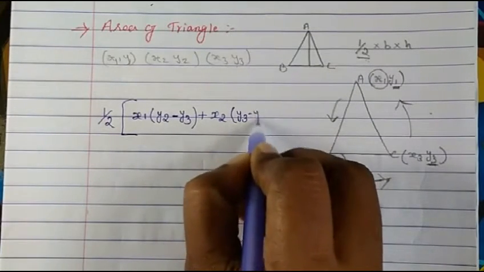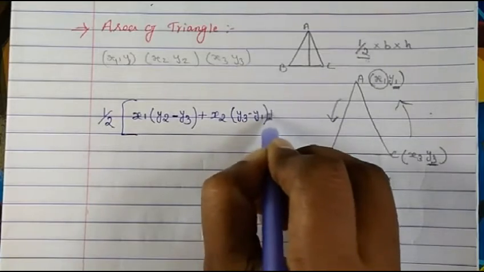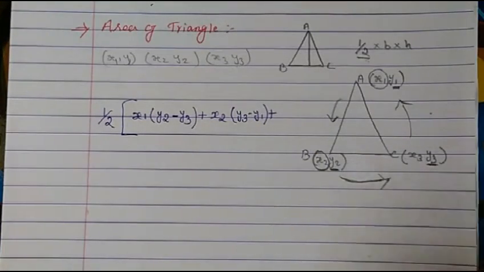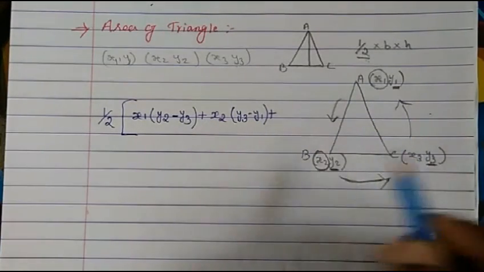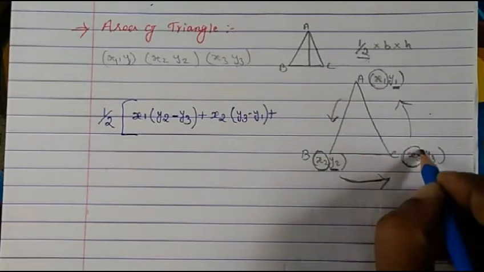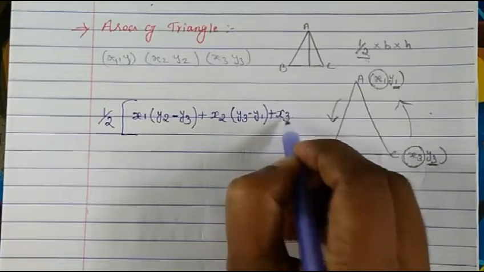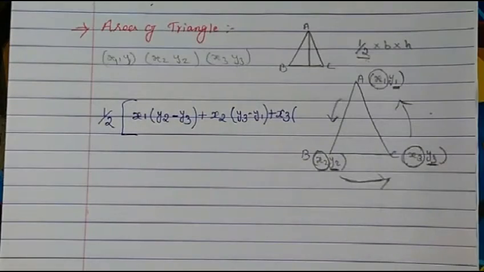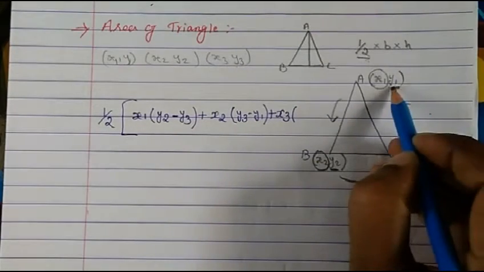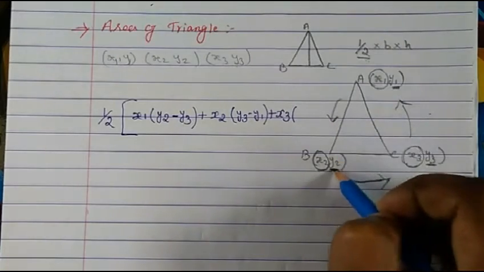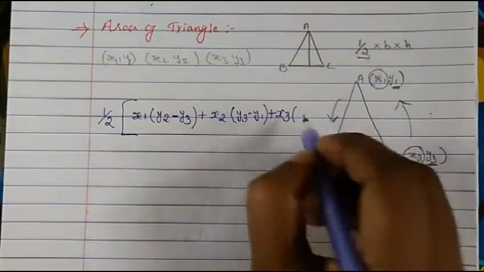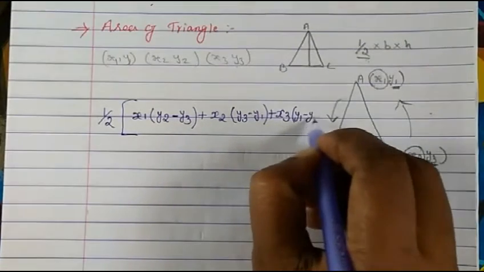So y3 minus y1. Plus, x1 is over, x2 is over, now you will take x3, and in the bracket you will take y1 and y2. So it will be y1 minus y2.